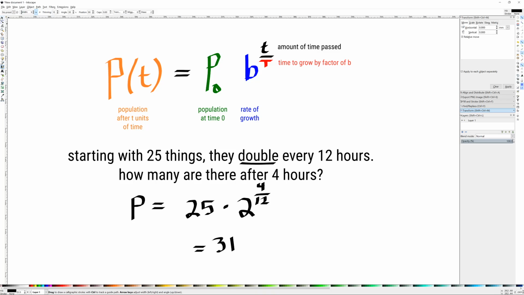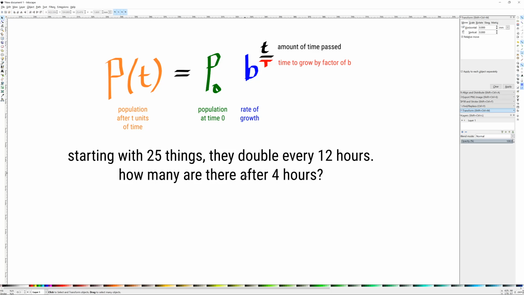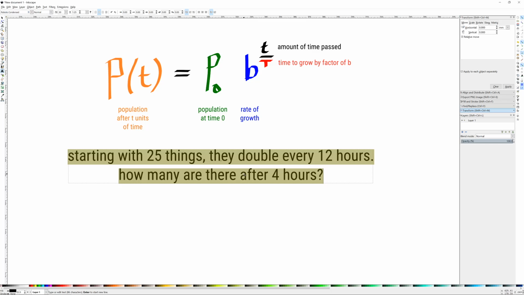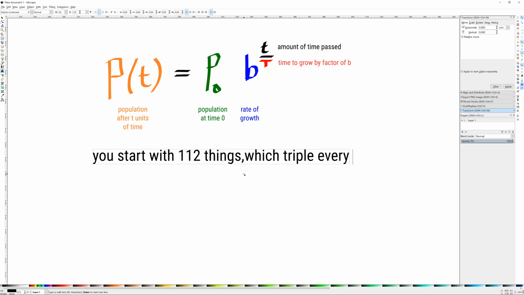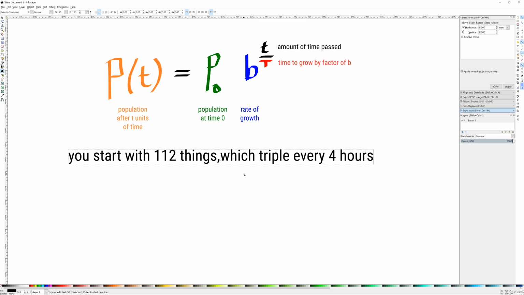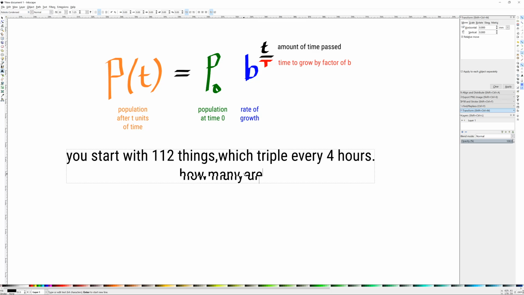So let me do a different one, just so you get a feel for it. You start with 112 things, which triple every, let's say, 4 hours. How many are there in, let's say, 15 hours?